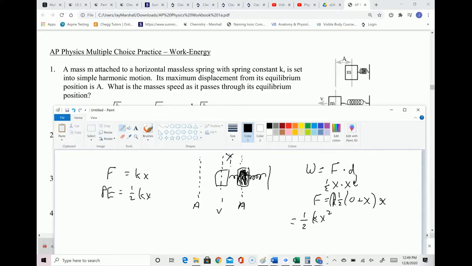We figured out how we determined that. And since that's A at that point, we can say that that's 1/2 Ka squared.